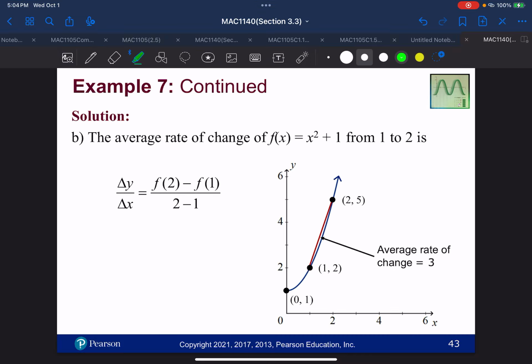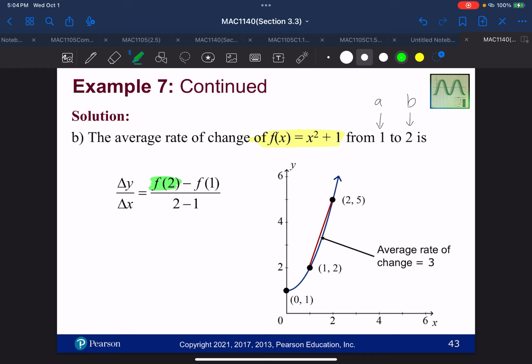Another example. Same function, but now we are finding the average rate of change from 1 to 2. So 1 will be our a, 2 will be our b. So f of b will be equal to f of 2.